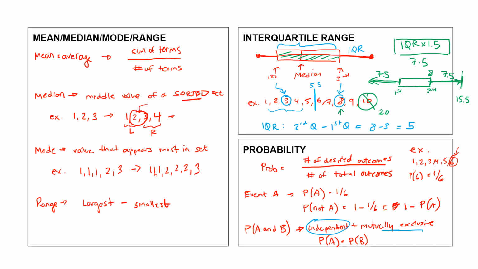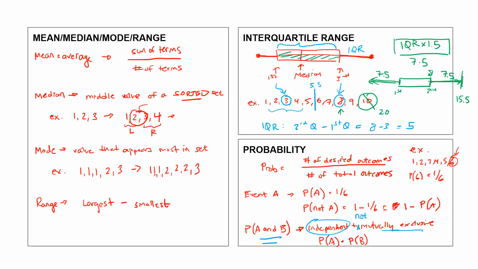Mutually exclusive simply refers to events that can't happen together. I apologize, this should say, I'm going to add a caret here, not mutually exclusive, right? We want both of them to happen at the same time. If it were mutually exclusive, A and B cannot simultaneously happen.